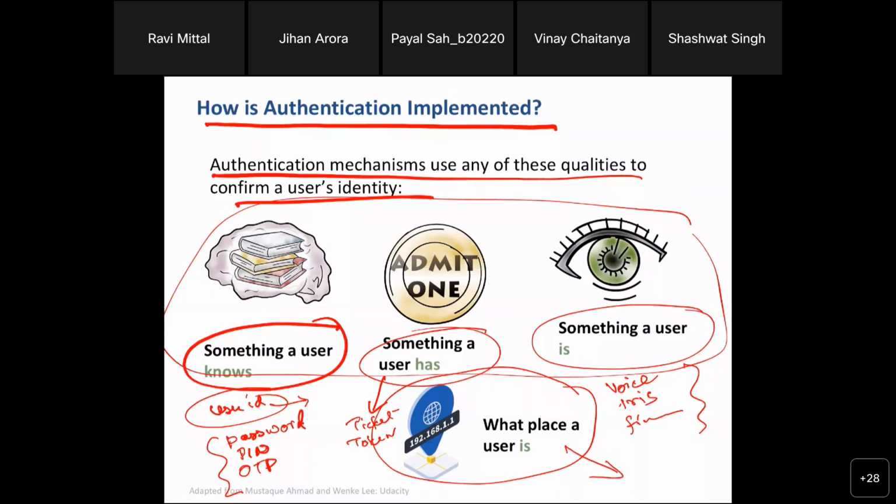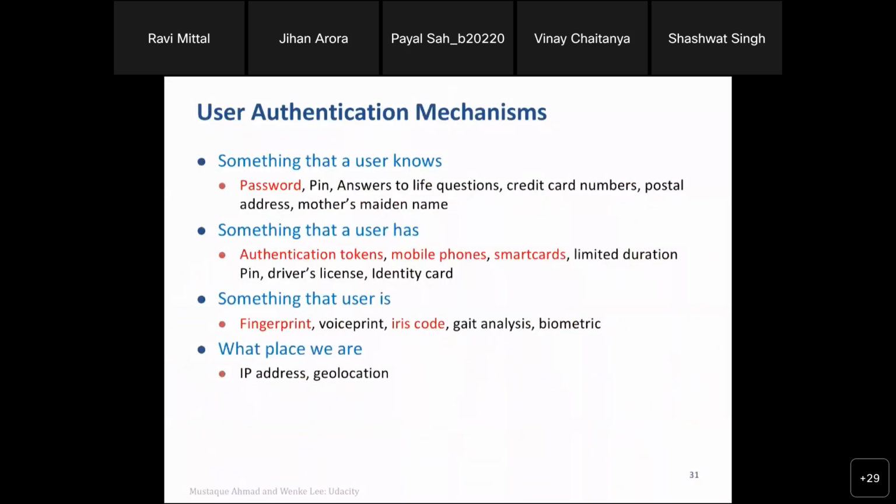So somebody is trying to log in as your boss or as you, for example, and you are sitting in Mandi, while the IP address being used is from somewhere in North Korea, then that request will not go through the authentication process, or will be denied entry into the system. Okay, so these are basically four ways of authenticating someone.